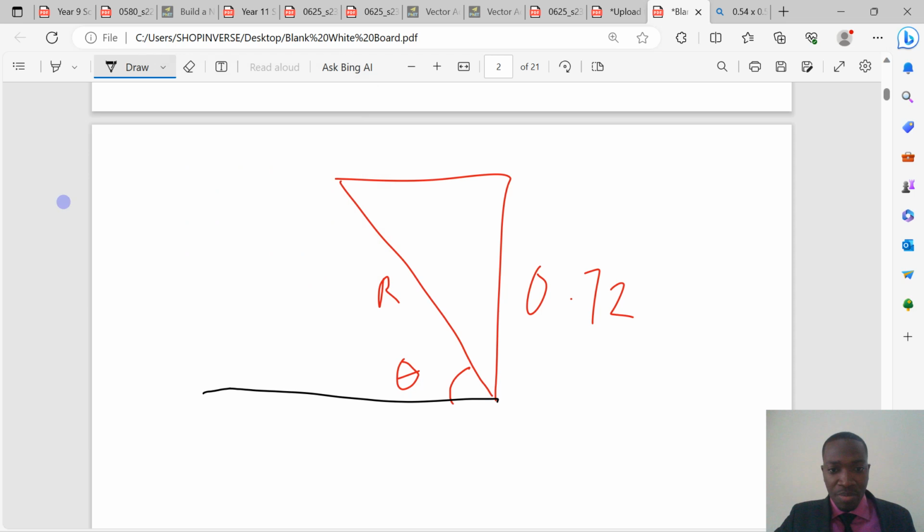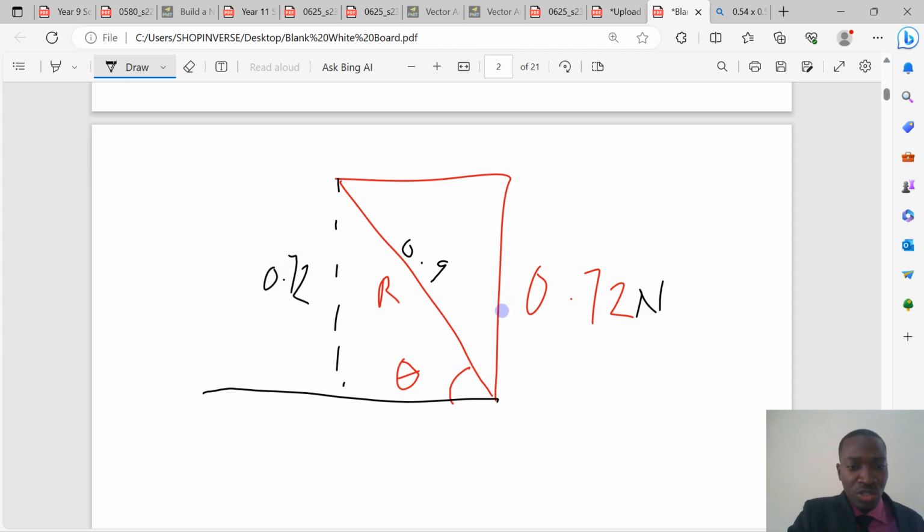So sine theta is opposite over hypotenuse. This is the hypotenuse, which is the resultant. We already have the resultant as 0.9, right? And how do you get the opposite? Do not forget that if we complete this rectangle, opposite sides are equal. So if this is 0.72 Newton, that simply means this opposite side is 0.72 Newton.